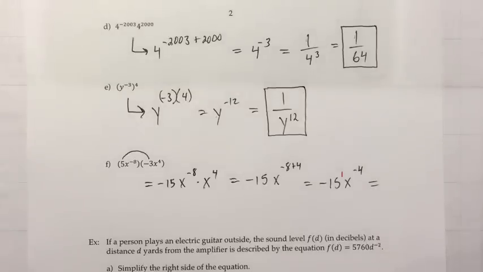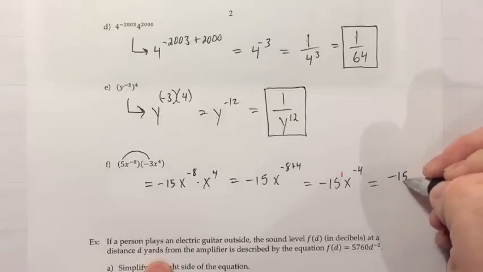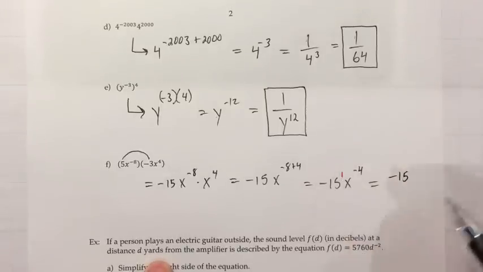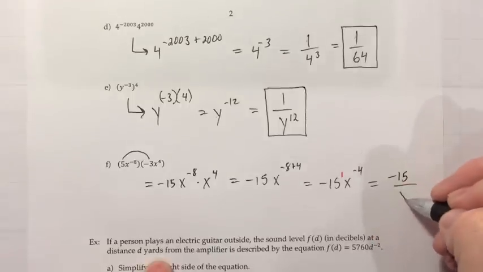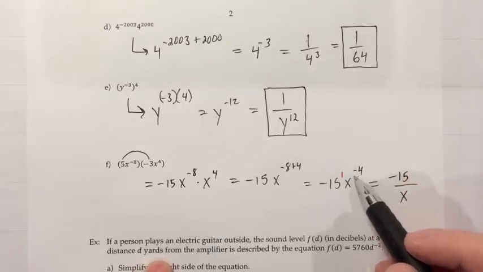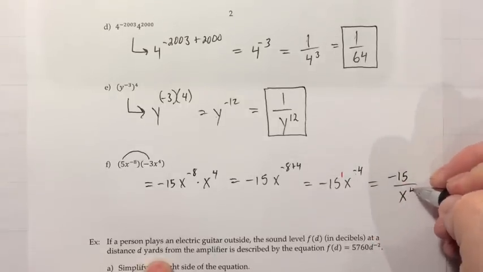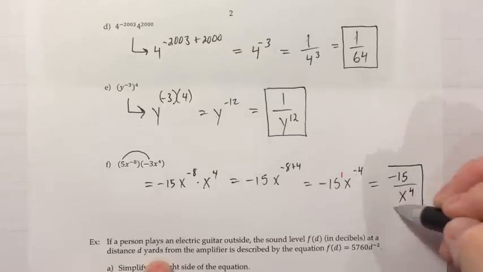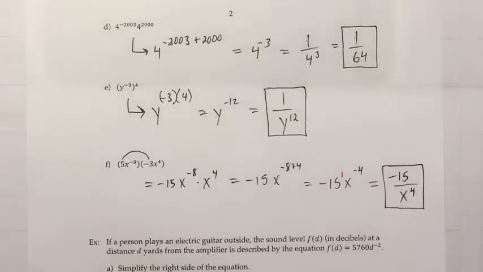If we moved it down into the bottom, we wouldn't get positive 15, we'd get negative 15 raised to the negative 1. That would be even messier. So that negative 15 is going to stay up top because it already has a positive exponent. And the x will move down in the bottom because it had a negative exponent. Moving it down to the bottom will make that exponent positive. So we get negative 15 over x to the fourth.